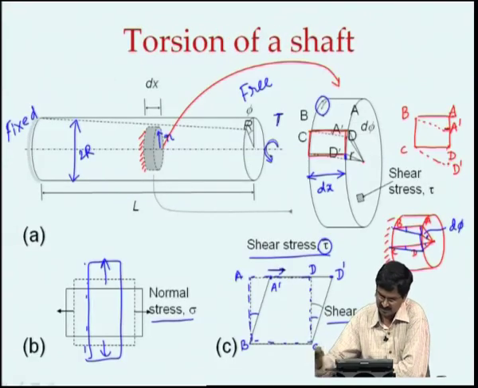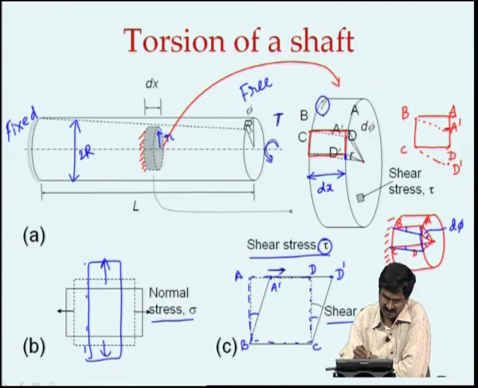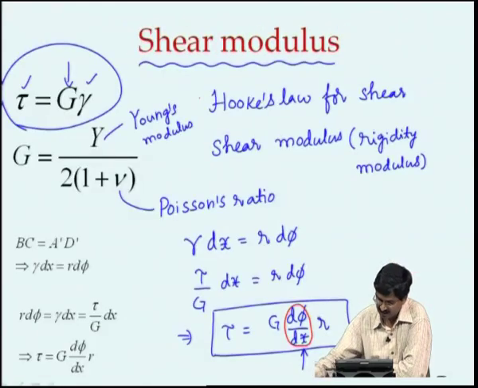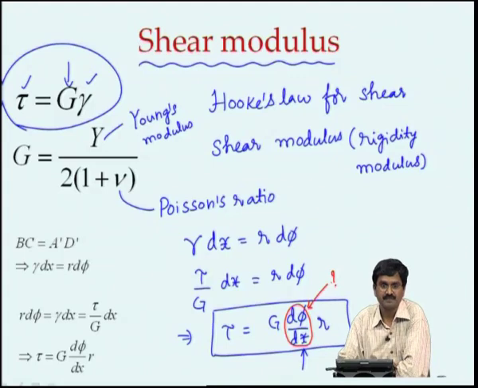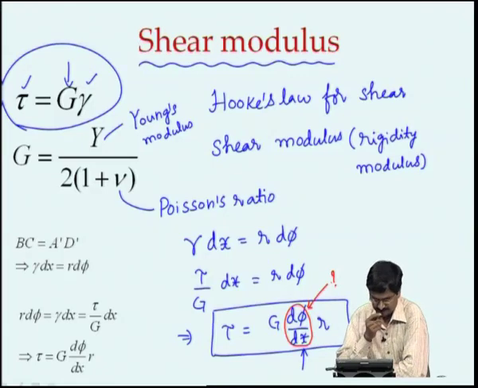Remember that we have taken this disc of radius r, which is less than the capital R. At any point we will be able to know what the shear stress is, provided we know what this is. We know G, and at any point r we would like to find the shear stress, so we have to know what that is. How do we find that?